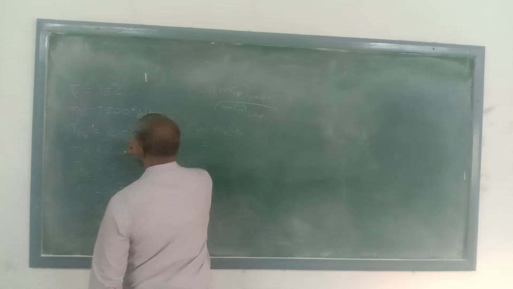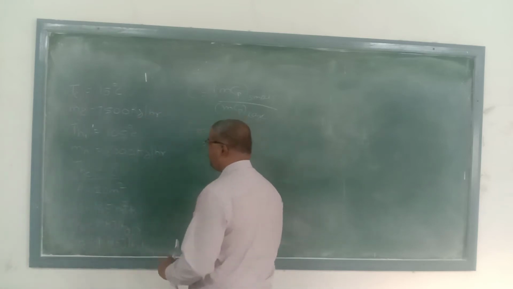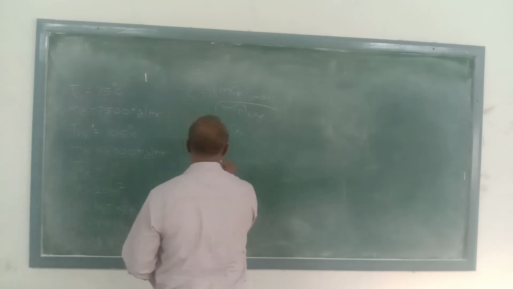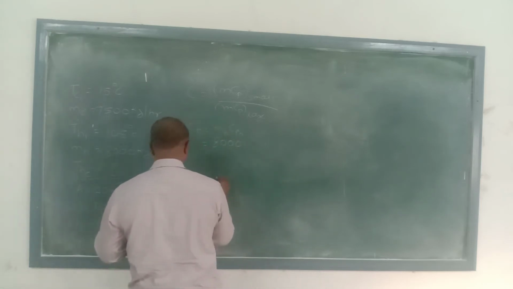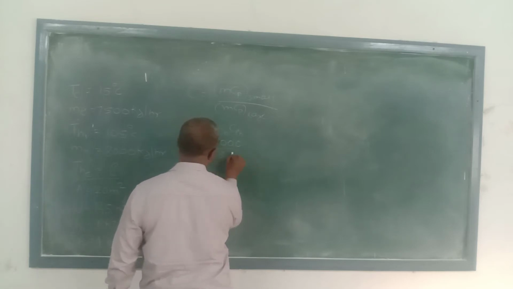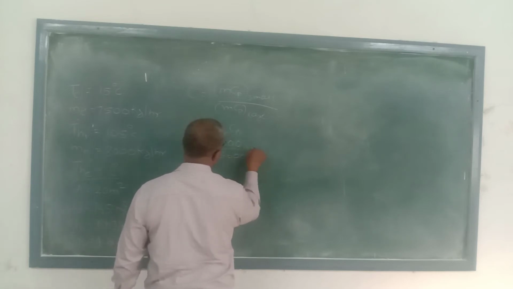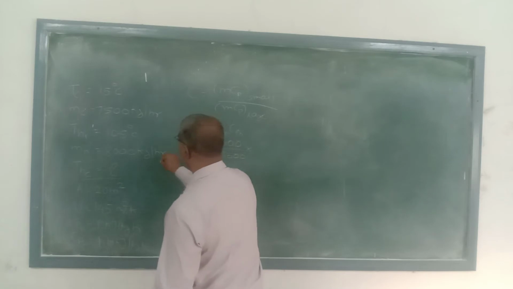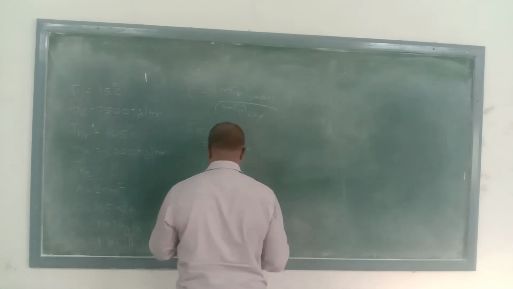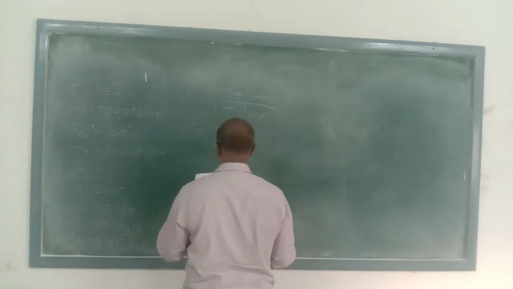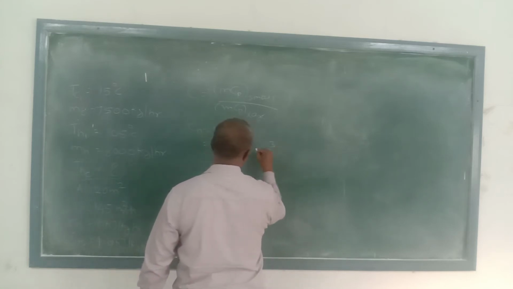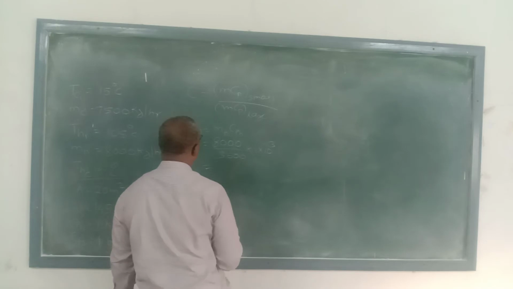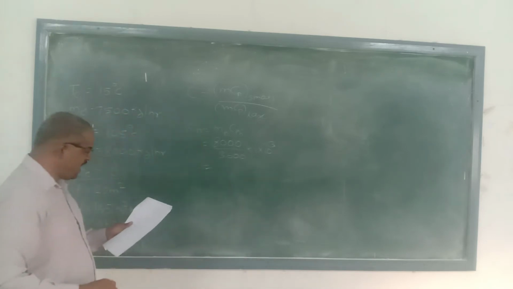So mass they have given for the hot fluid 8000. We have to convert it because it is mentioned in kg per hour, and they have given CpH.